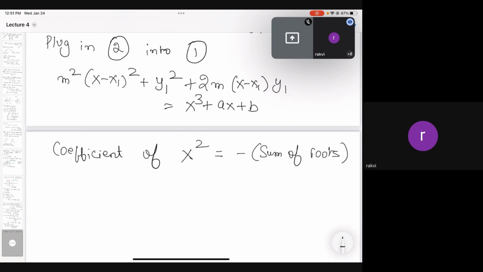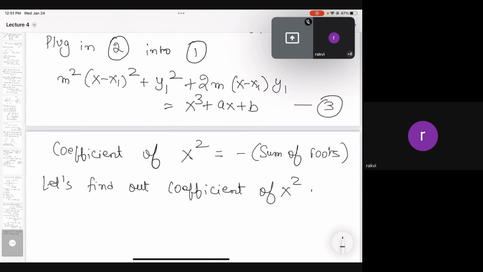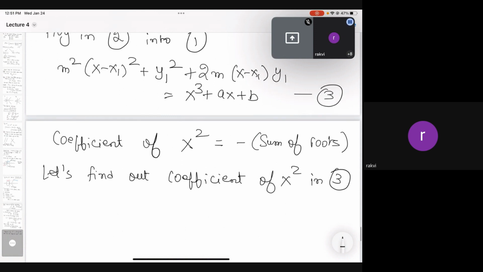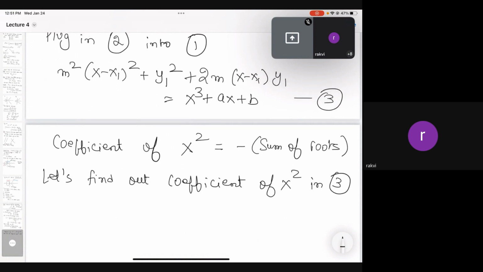And the constant coefficient is the negative of the product of roots. So let's take this equation. Let me call this 3. Let's find out the coefficient of x squared in 3, because that will give me the third root, because I already know two, right? x1 and x2. So what is the coefficient of x squared? Well, I have m squared.